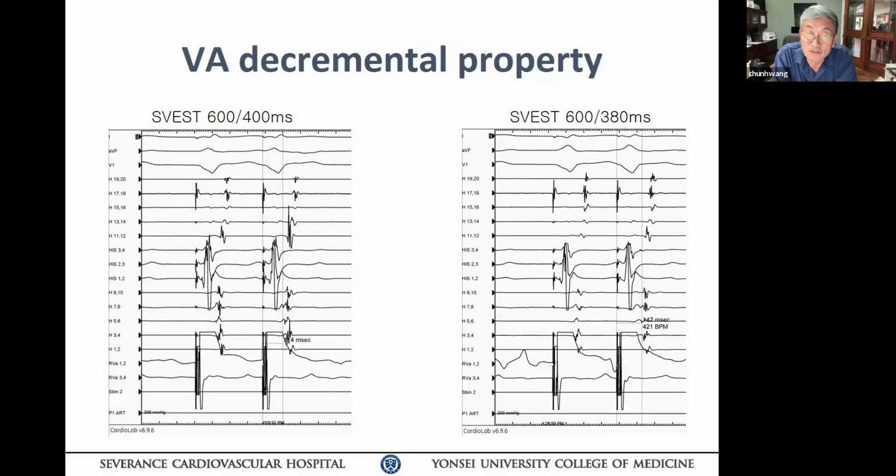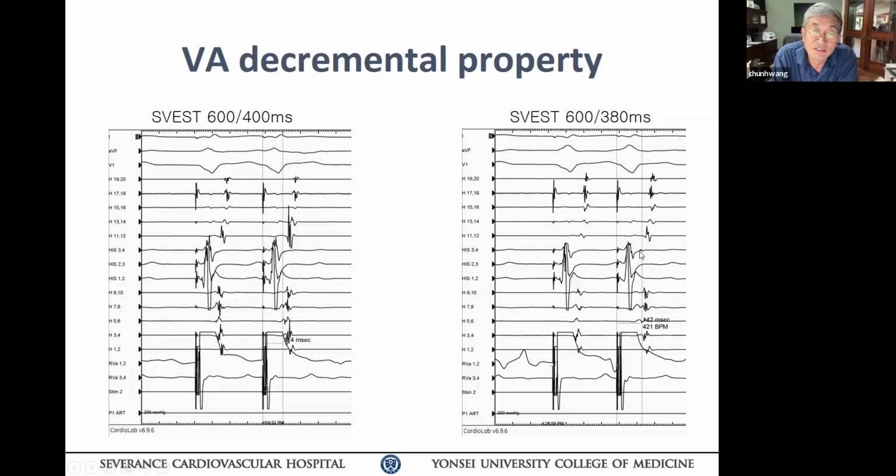So if you look at your CS electrogram, what do you see? Do you think a CS EGM from 400 milliseconds to 380 is the same or different? I want you to pay attention to the His bundle 3-4. His bundle 3-4, A is what? Negative?